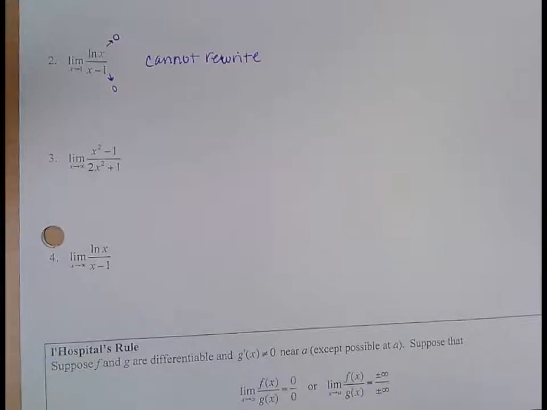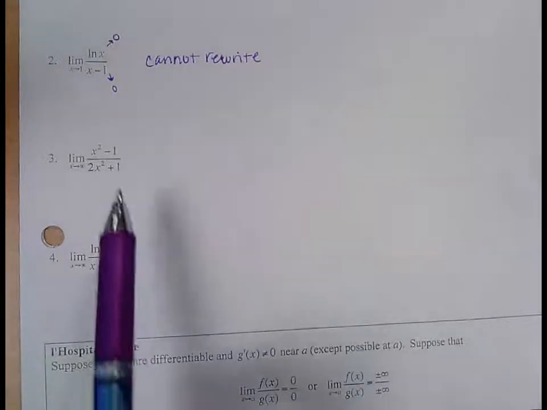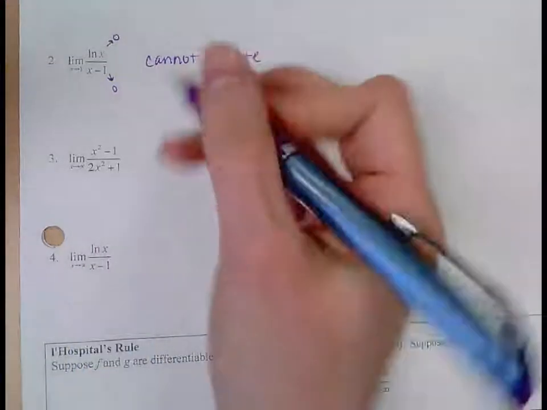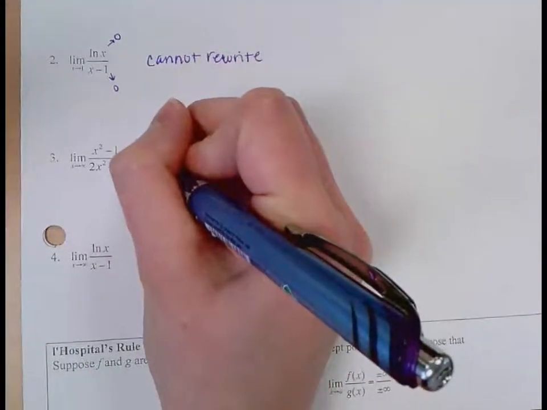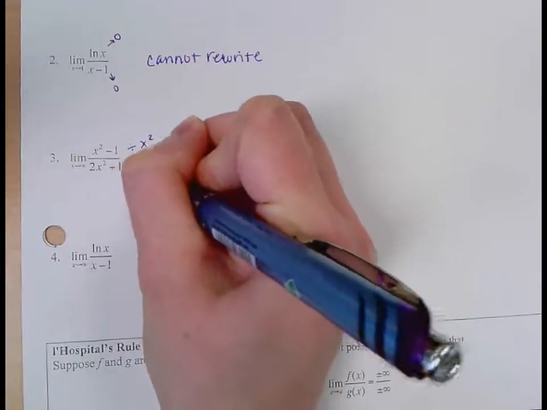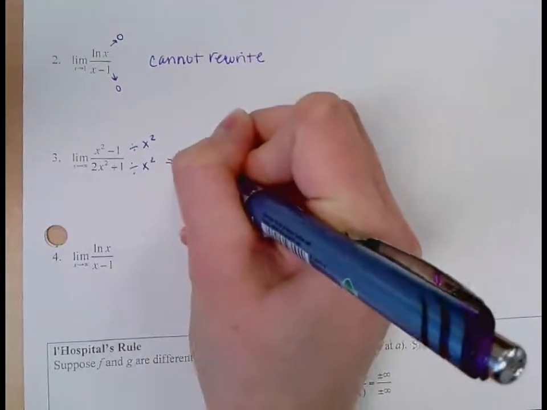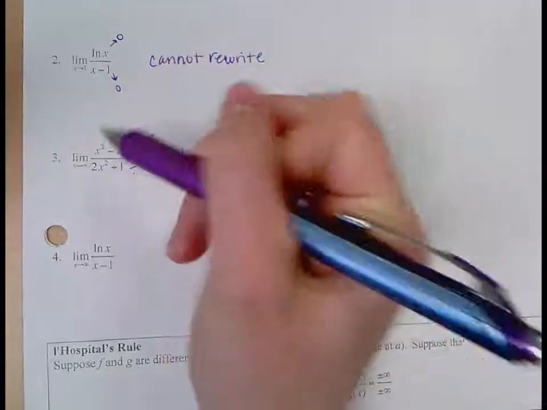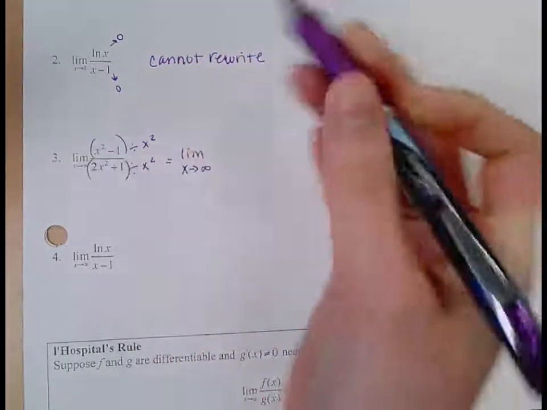Lydia? Yes, in the denominator. So I look at the denominator, highest power is x squared. So I would have to, on the top, divide everything by x squared. On the bottom, divide everything by x squared. So I would have the limit as x approaches infinity of, it will equal 1/2.